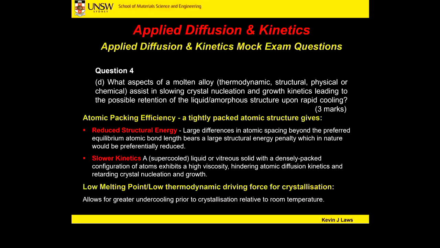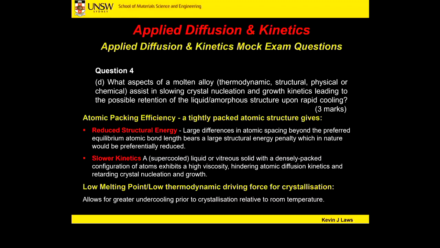All right, so what aspects of a molten alloy, thermodynamic, structural, physical, or chemical, assist in slowing crystal nucleation and growth kinetics, leading to the possible retention of the liquid amorphous structure upon rapid cooling? So this is metallic glass stuff. All right. So packing efficiency, remember, closer those atoms are together, the lower the structural energy of the liquid state.